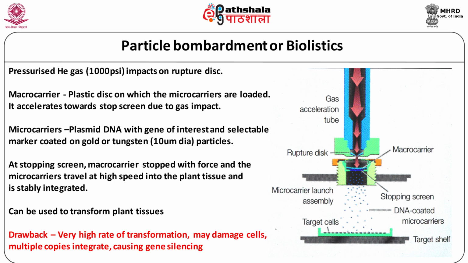The helium gas first strikes a macrocarrier on which the microcarriers are loaded and moves it with high speed, causing it to impact a stop screen. The impact leads to the microcarriers coming off the macrocarrier and bombarding the plant tissue kept at a distance with force. This causes the plasmids to enter cells and nuclei of the plant tissue. The plasmids are integrated into the plant DNA, causing transformation.